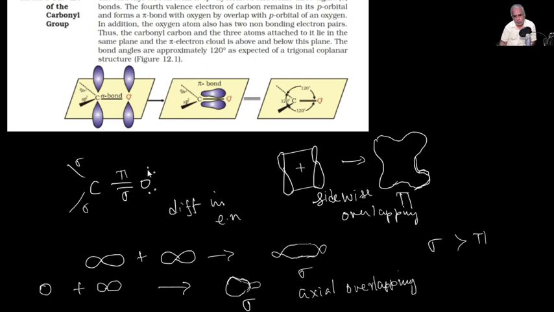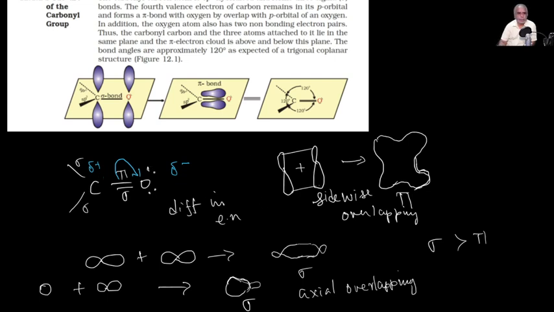They are called non-bonding electrons or lone pairs of electrons. Now what happens? This pi electron can move over to oxygen. Oxygen is more electronegative, so it can attract the electron towards itself, and thereby it becomes delta minus, and the carbon becomes delta plus, and that is why you are able to get plus and minus here.